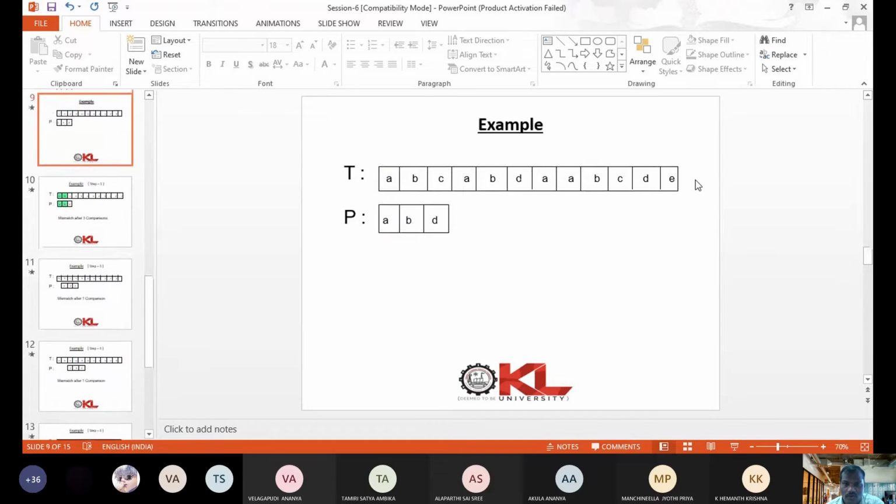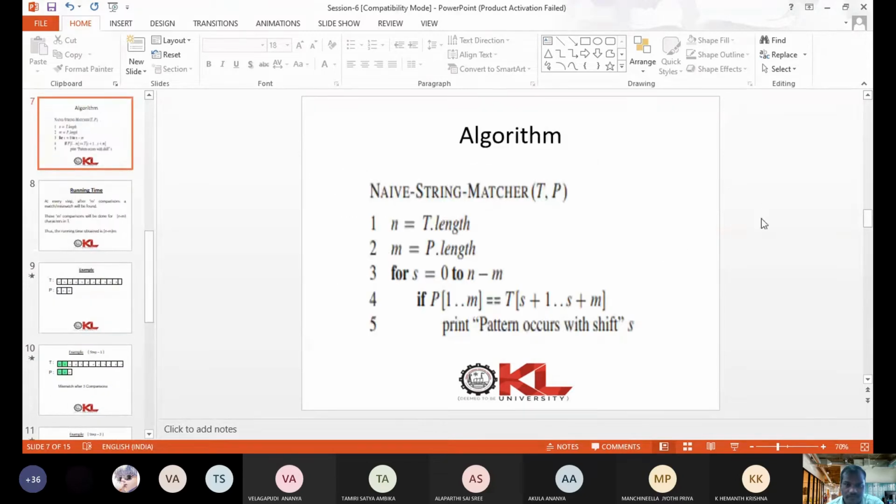Now come to this algorithm. Here n is the length of the given string, m is the length of the pattern. For s is 0 to n minus m. What we are doing, when s is equal to 0, we are comparing the pattern and the text string character by character.